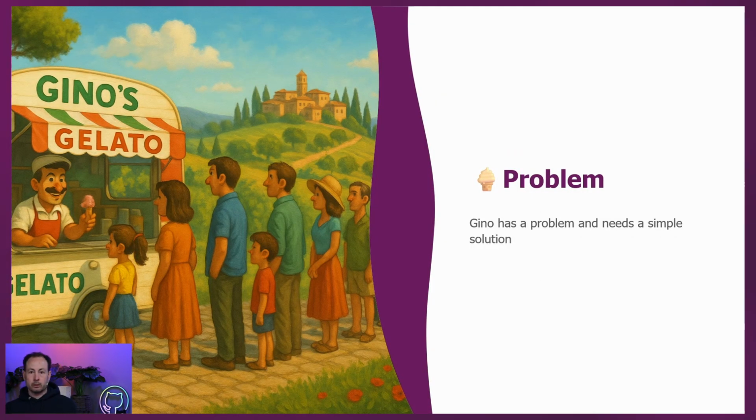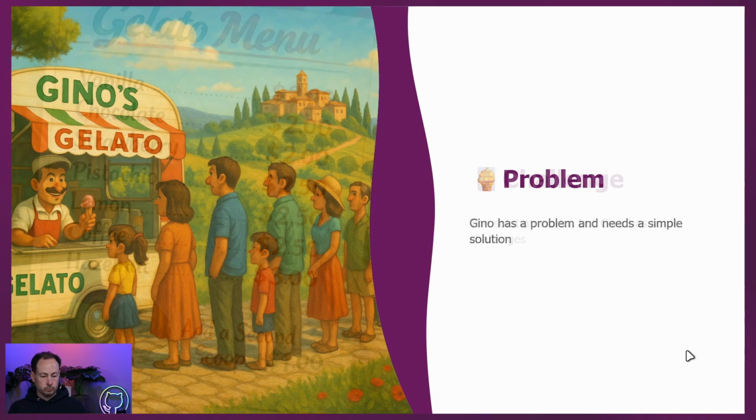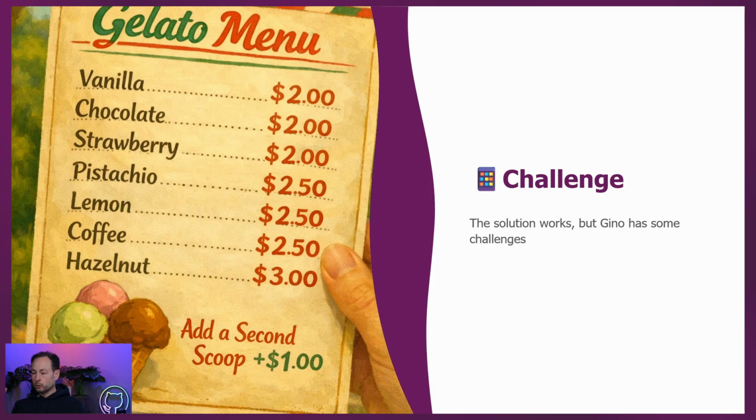So we have the first step in the solution of the problem. We do have a digital list of the ice cream that Gino has. The next step is we have challenges, because now they can order, but they don't know when it's their turn.